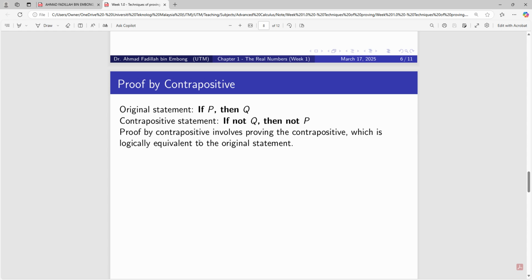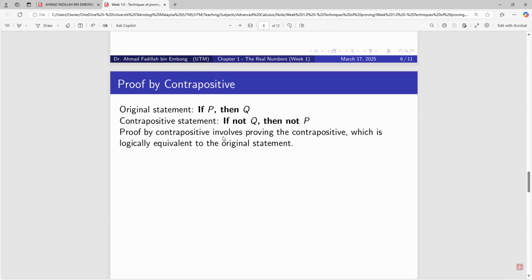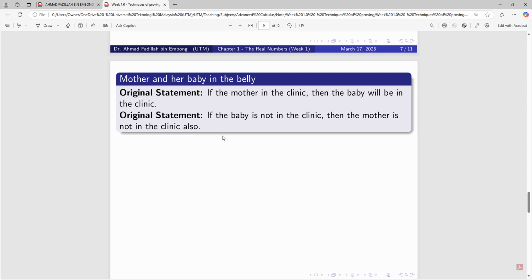Okay, so to understand this contrapositive technique, I give you another analogy here: a mother and her baby in the belly. Okay, so if the mother is in the clinic, then the baby in the belly will be in the clinic.